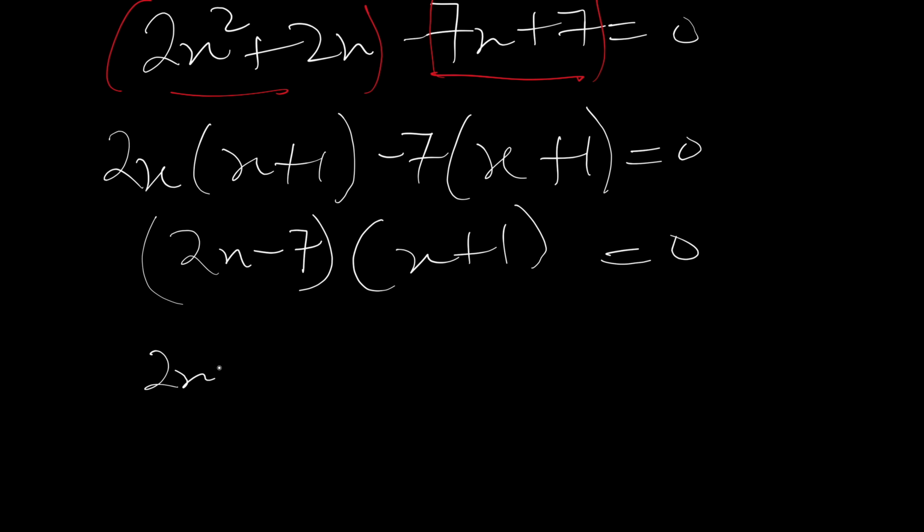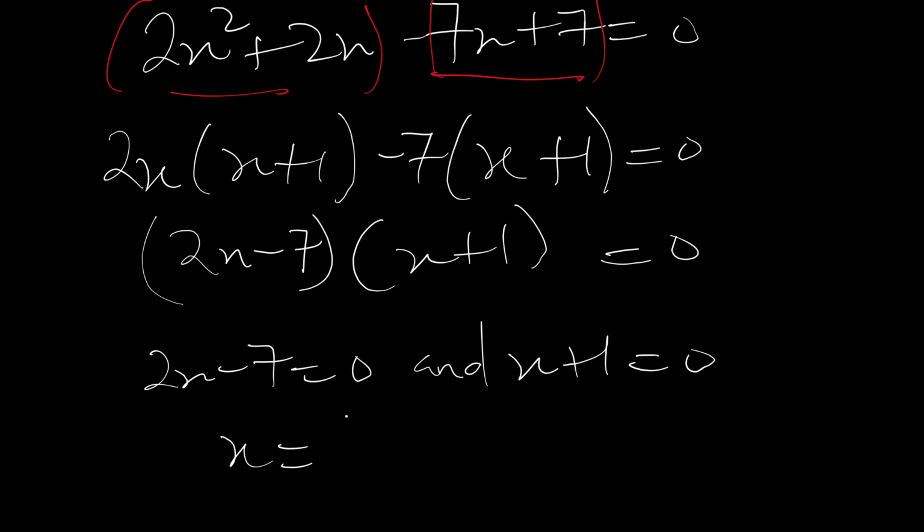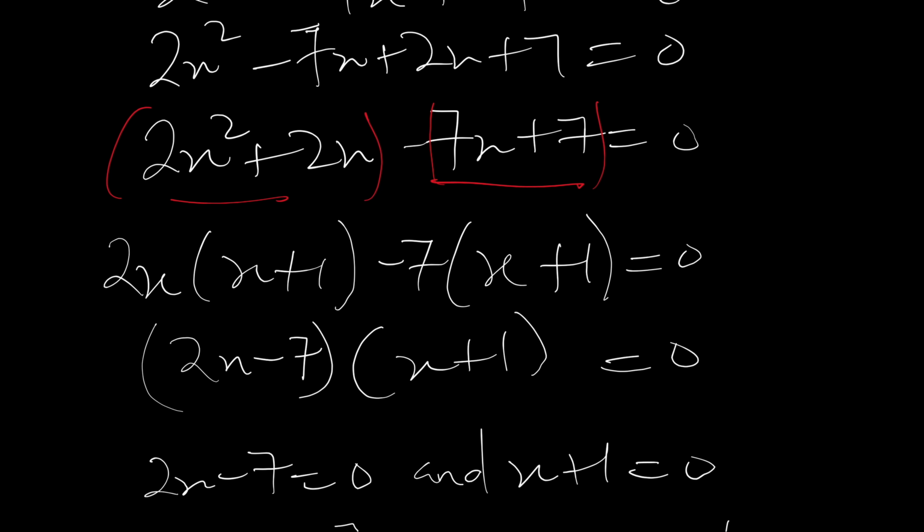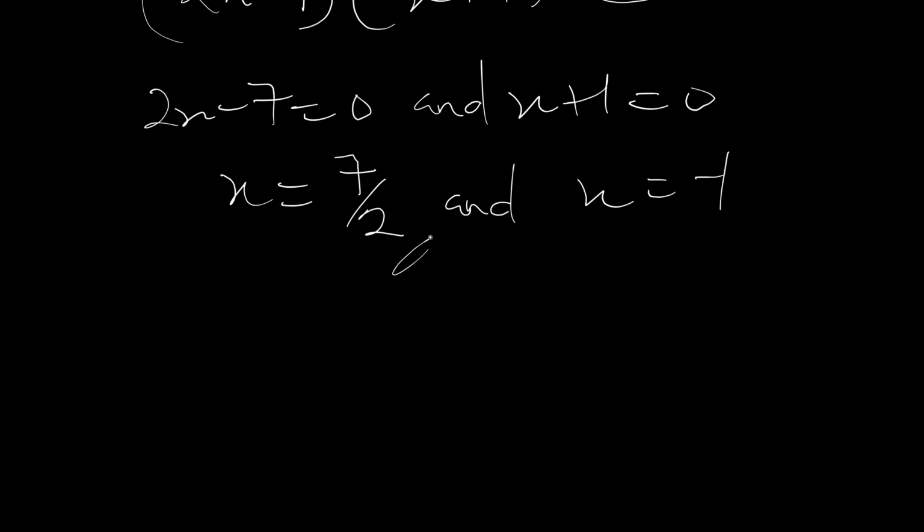So 2x minus 7 is equal to 0, and x minus 1 is equal to 0. Now when we make x the subject here, we have x equal to 7 divided by 2, and x will be equal to 1. So the values of x such that f(x) is equal to g(x) are 7 over 2 and 1.